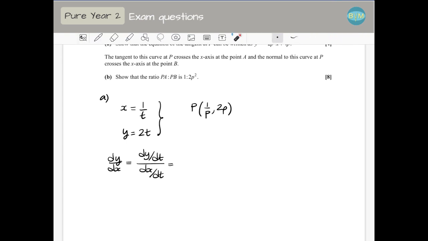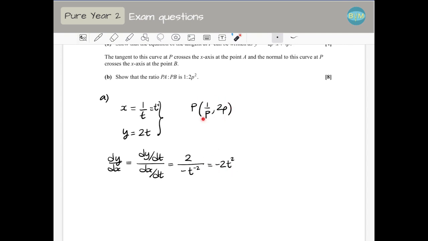So dy by dt is going to be 2, and dx by dt: 1 over t is the same as t to the minus 1. When I differentiate that, I have minus 1 t to the minus 2. So this is minus 1 over t squared. Yeah, so that's the gradient at any point.